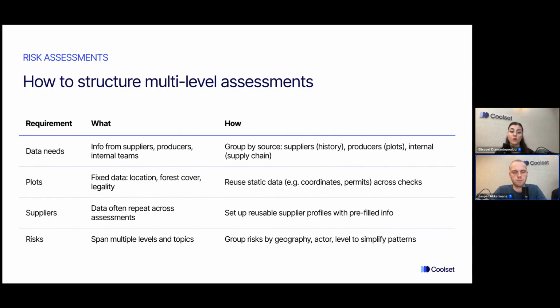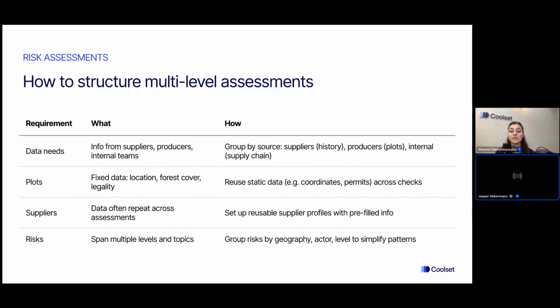Then we also saw that many of the risks are on plot level, and you don't have to recreate the information every time you come across this plot, but you can reuse this static data across all of them. The same goes for suppliers. As we said, we have some set of information that is unique to each supplier, and every time you see this supplier in your orders base, you can reuse the same information.